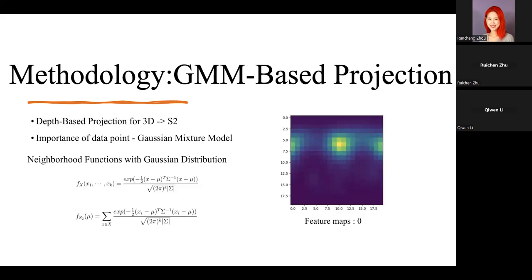The second part is our novel part, the GMM part, where we add a weight to each data point with a Gaussian distribution as a neighborhood function, as you can see in the formula below. We also have a gradient as a hyperparameter to tune it. After all of that, we can get the S2 grid. With S2 grid values, we can create such a feature map. You can see next an example of a feature map for number 0.